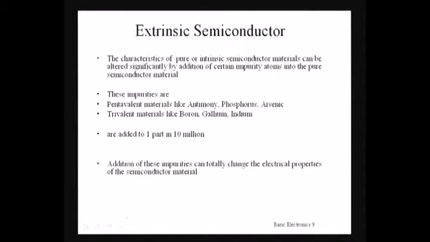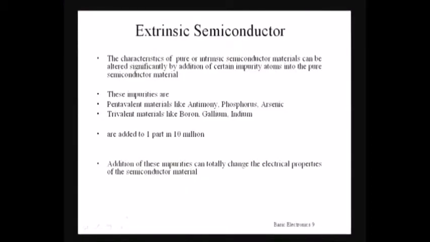Or we can add trivalent materials like boron, gallium and indium, which are group 3 materials and have 3 electrons in their outermost orbit. And the standard norm is that they are added 1 part in 10 million. That is, in 10 million atoms of intrinsic semiconductor, you add 1 impurity atom.